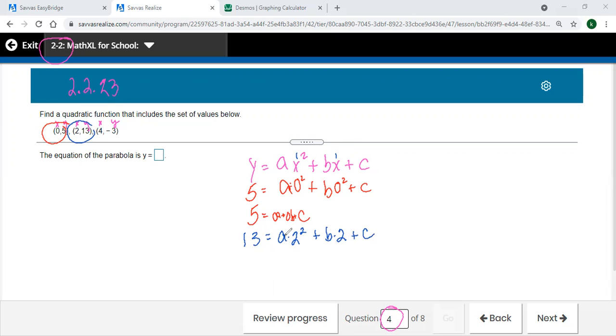So this gives me the equation 13 equals 4a, that's 4 from this 2 squared, plus 2b, plus c. And then I wanted to go back and also write that first equation: 5 equals 0a plus 0b plus c.